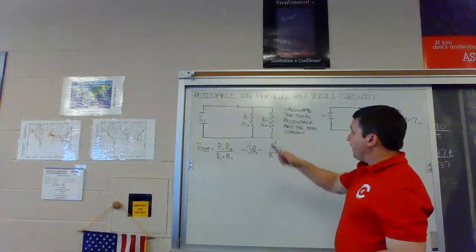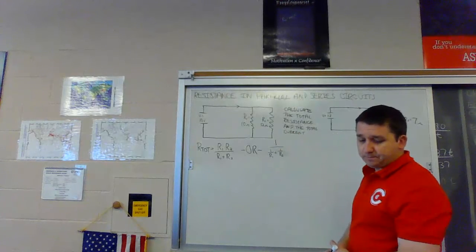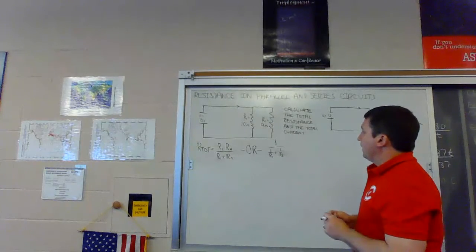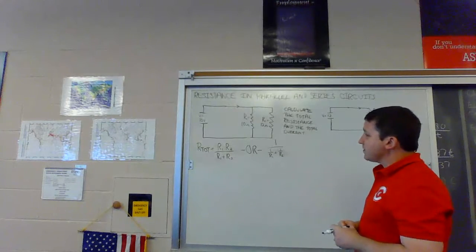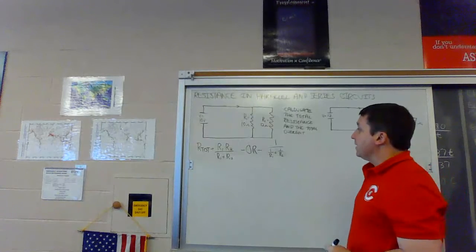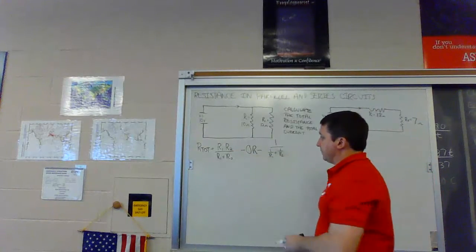So, given this information, the value of resistor 1 is 10 and the value of resistor 2 is 12. I'm going to use the product over sum formula.